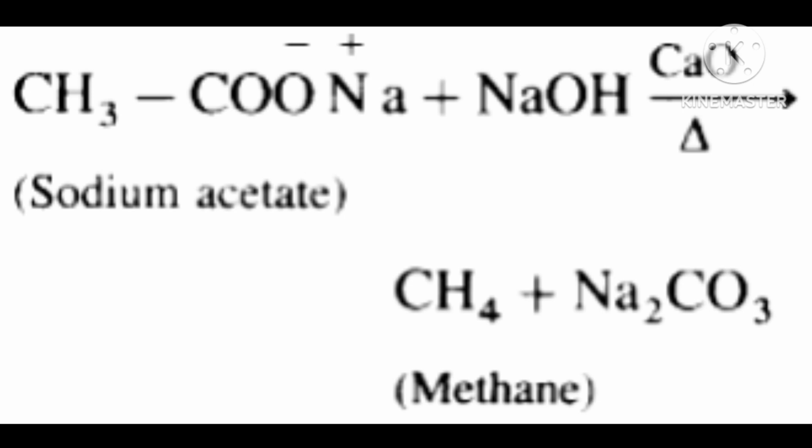This is the electrolysis of their aqueous solution, meaning the alkali metal salt of carboxylic acid should be in aqueous solution. Then it will form hydrocarbons having twice the number of carbon atoms present in the alkyl group of the acid. The reaction is known as Kolbe electrolysis.